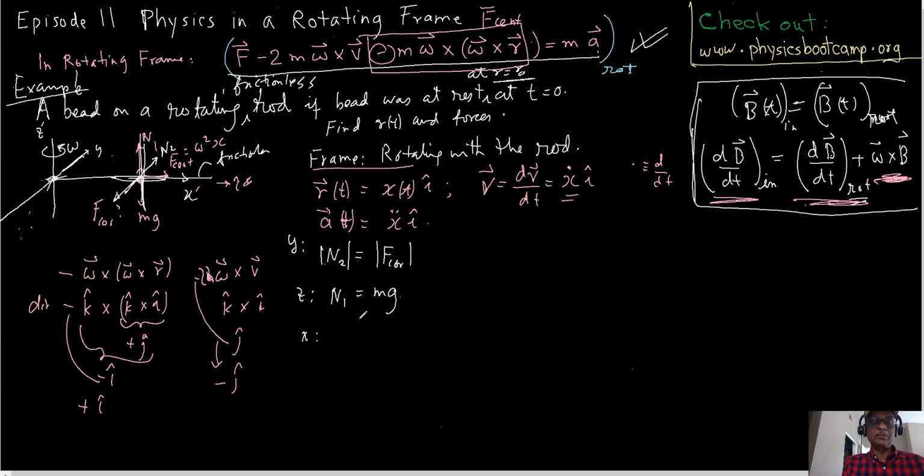But along the x-axis, there are no x forces from those, so there's x only from the centrifugal term, and from there we have m omega square x equals m x double dot.